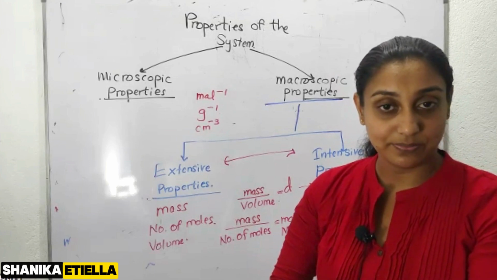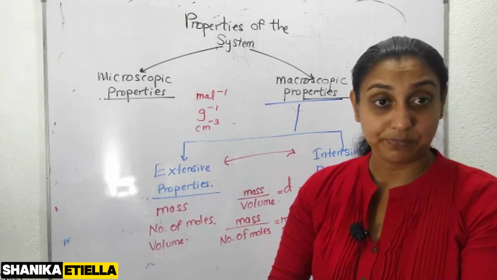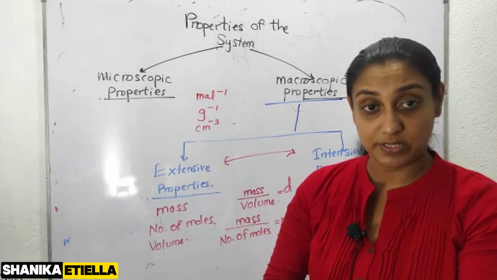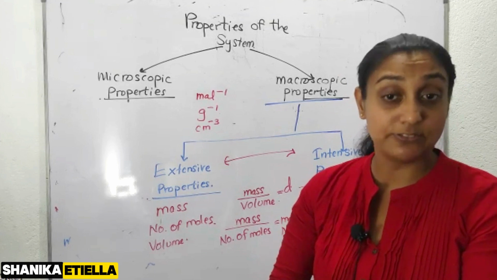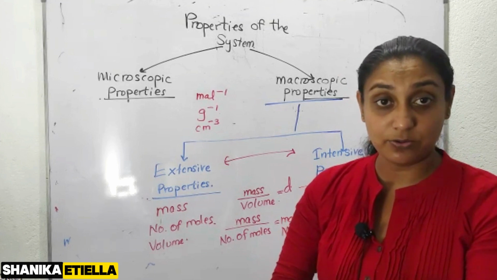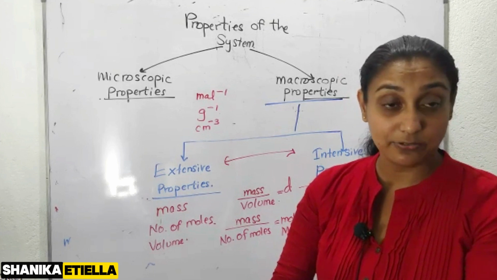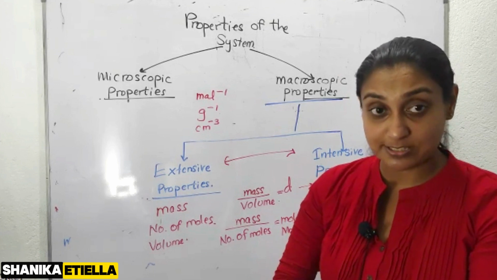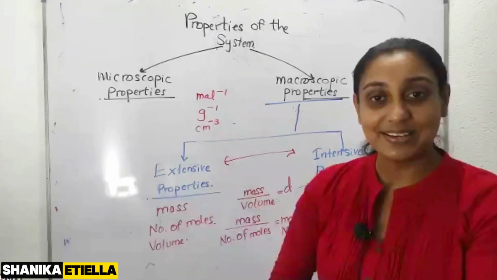Also temperature, basically pressure. Pressure is an intensive property. It's a very important intensive property, which will be described later. From now onwards, pressure is a very good intensive property for us to describe a system, right?